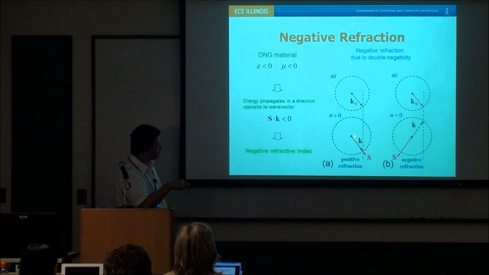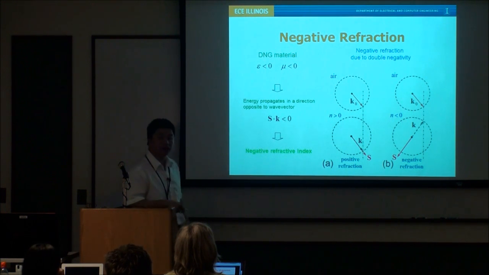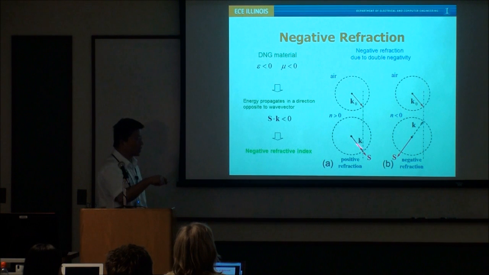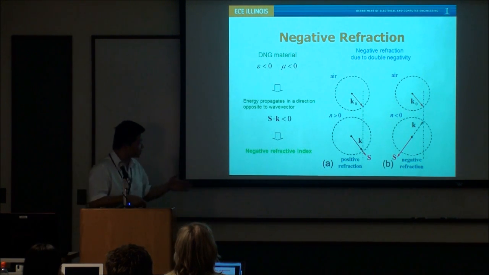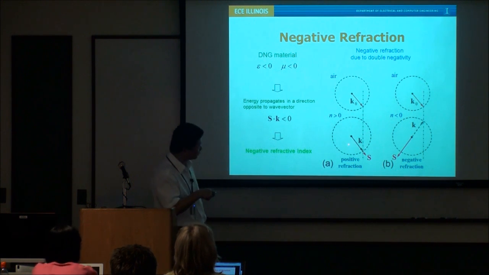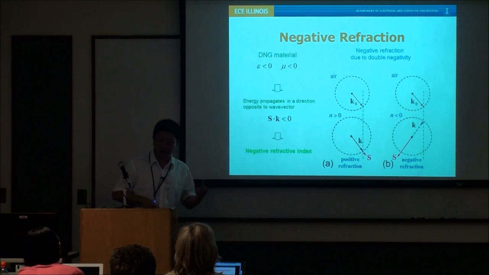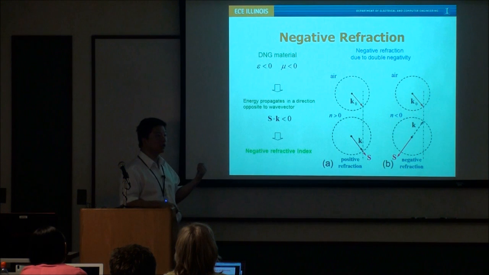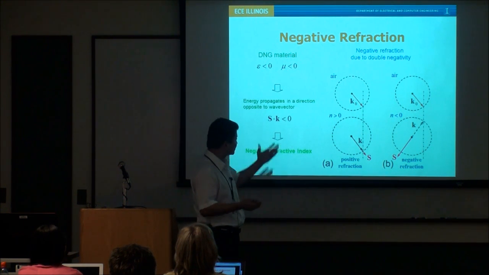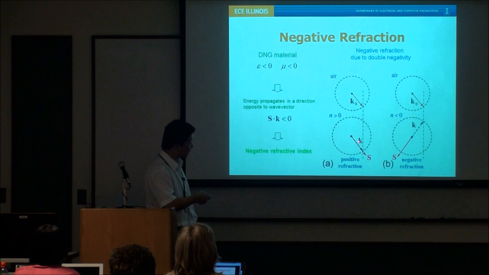But your K vectors have the same direction as your energy velocities. So your Poynting vector S has the same direction as your wave vector K. This is for the positive refraction. This is true for any lens, concave or convex, made of glass. This is always true, which is a positive refraction.